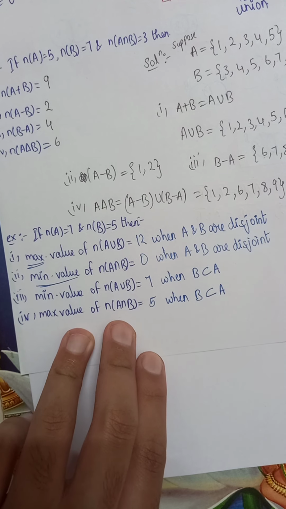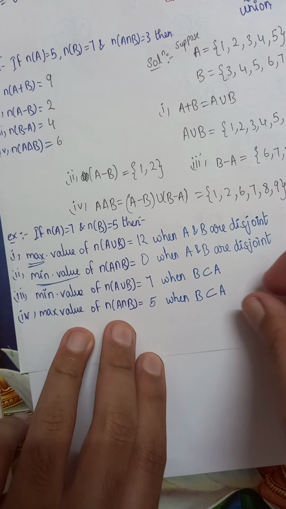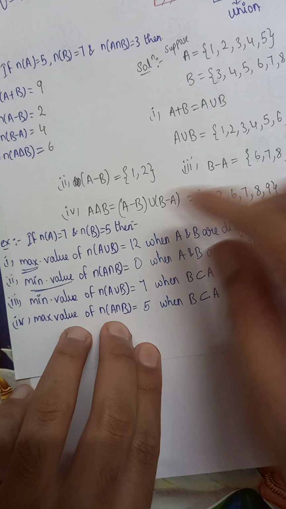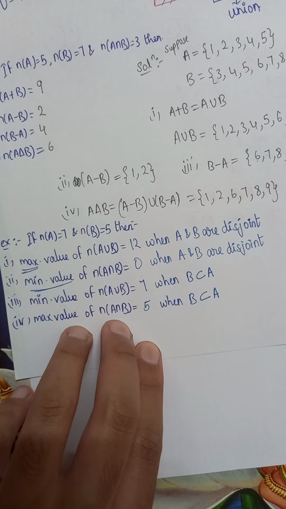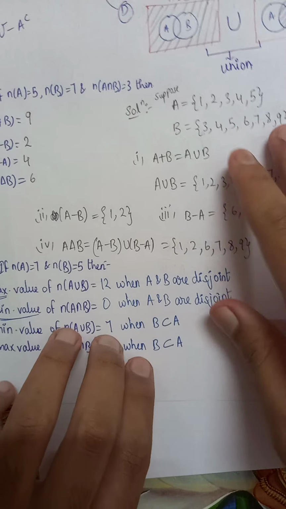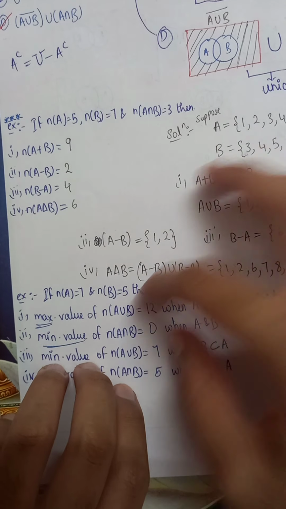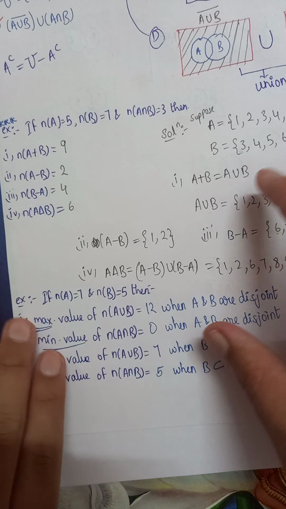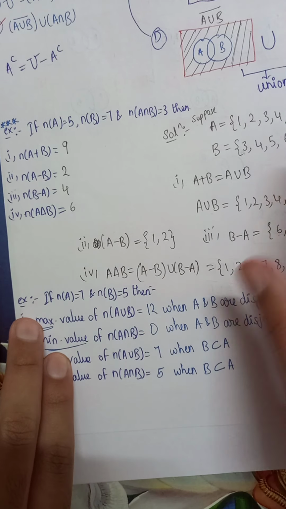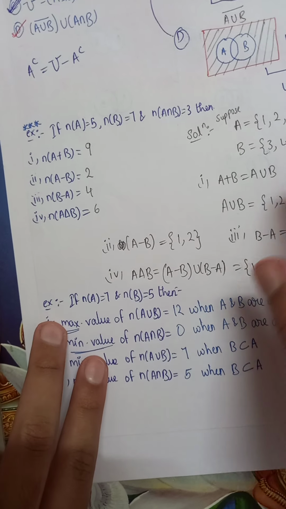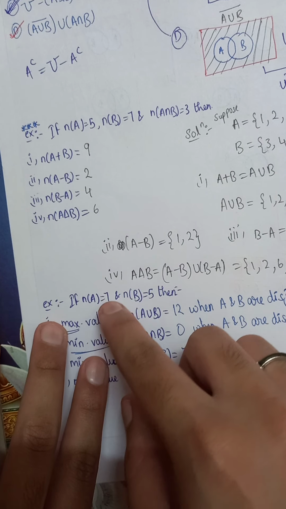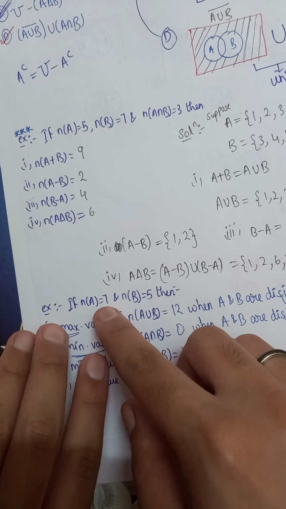I hope you understood. B is a subset of A means all the elements of set B lie in A. If you want more clarity, you could suppose the sets like this and try solving this question. But while supposing the sets, you need to satisfy this condition too.